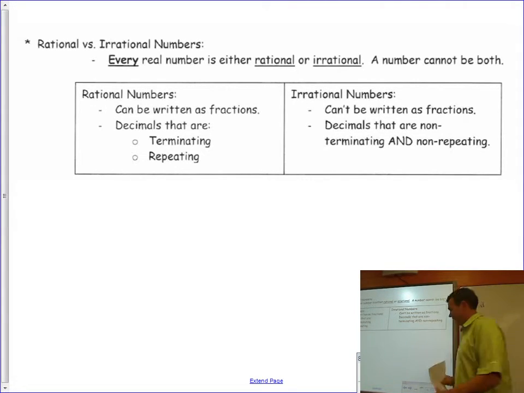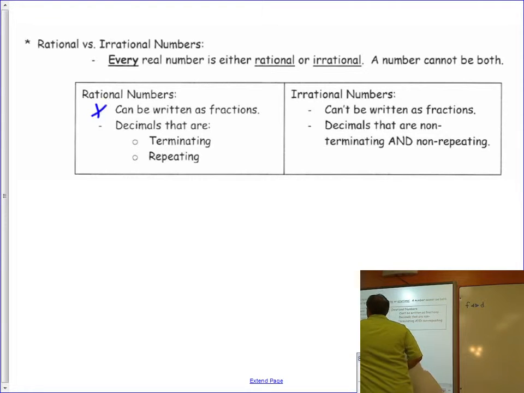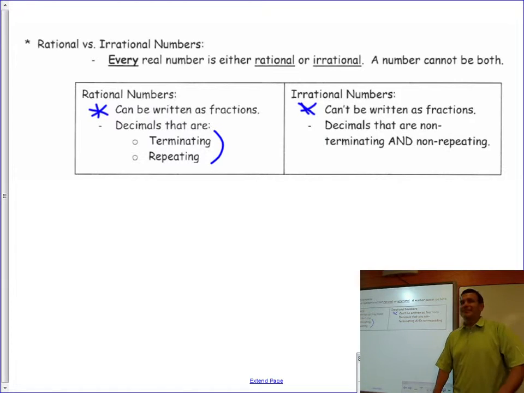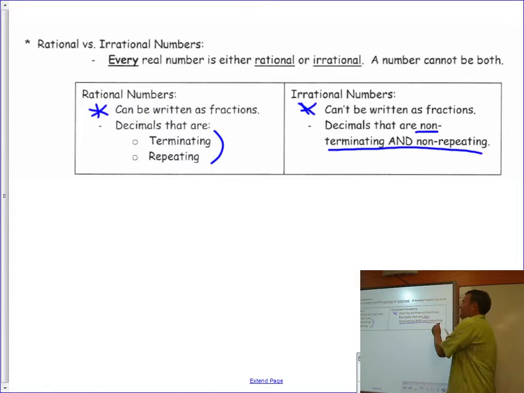Rational numbers can be written as fractions. Irrationals cannot be written as fractions. So when you see a decimal, rational numbers must be terminating or repeating. That's the only kind that can be written as fractions. Irrational numbers are non-terminating, non-repeating, and cannot be written as fractions.